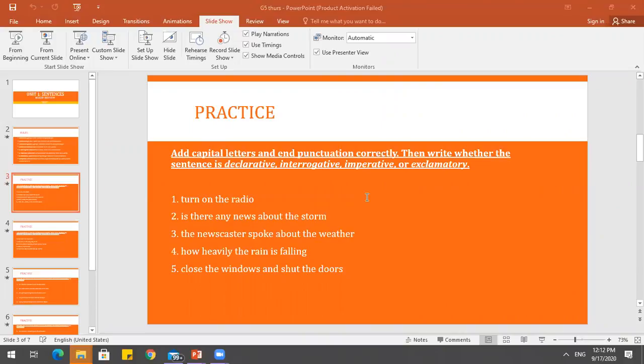The T should be capital, and it's imperative. Excellent. T should be capital, and it's an imperative sentence, so the end mark should be? What is the end mark of an imperative sentence?